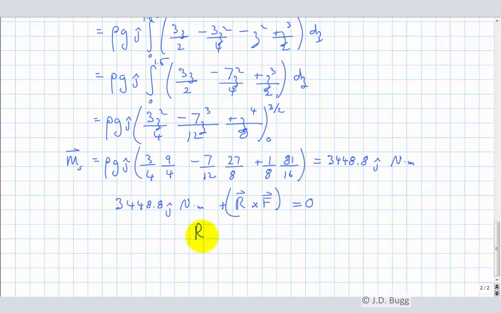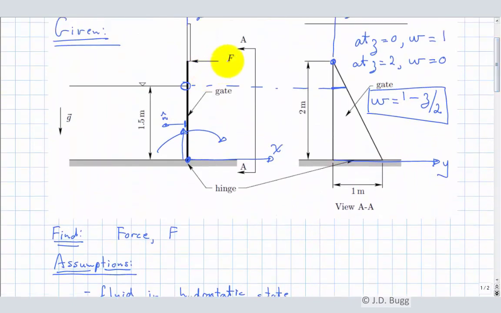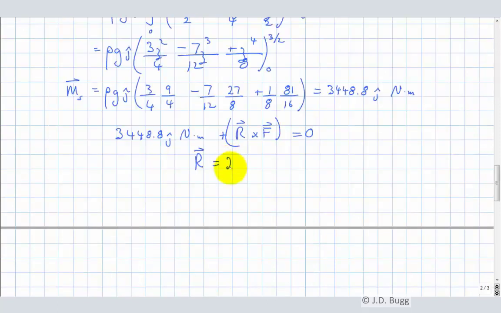So what is R? Go back up to the diagram and take a look at what this is. So this force is being applied at that point. So R is a position vector for that point right there. So its root is here. It has a magnitude of 2, and its direction is k. So R is equal to 2 meters in the k direction.